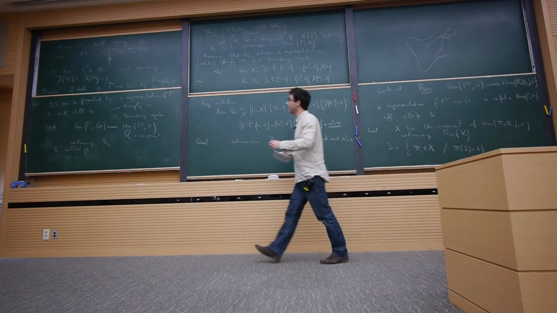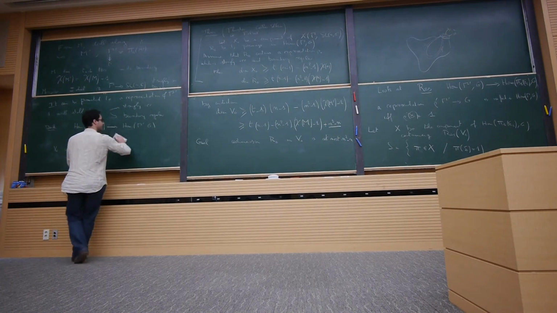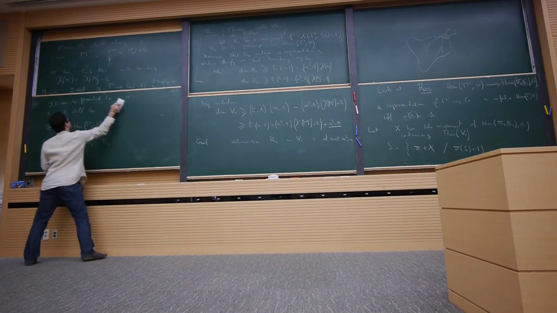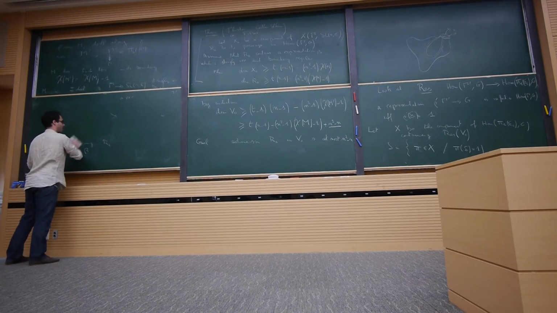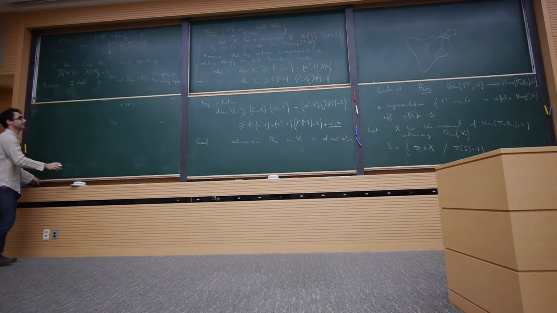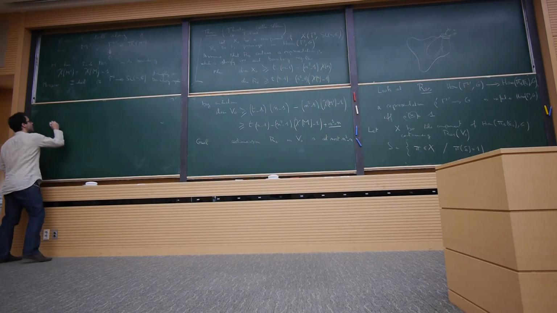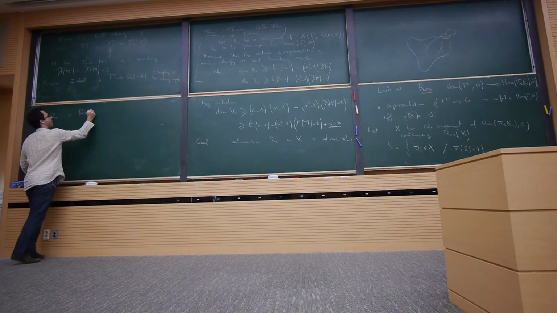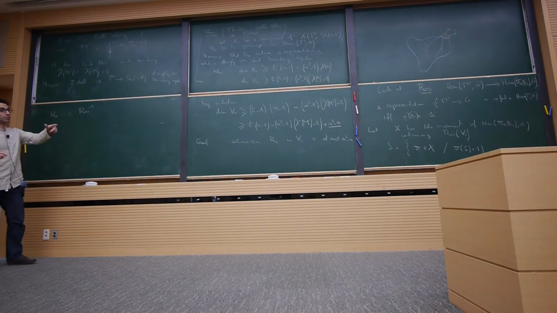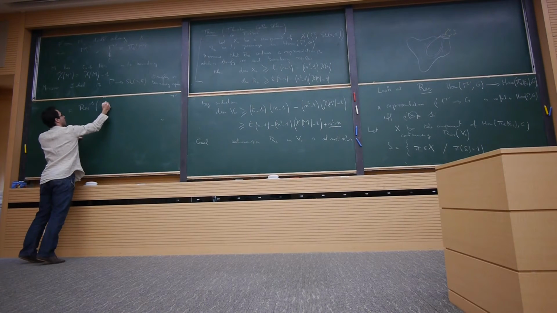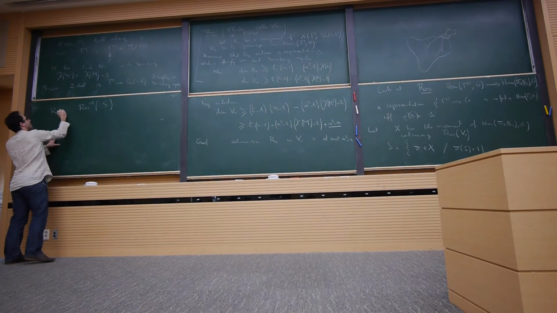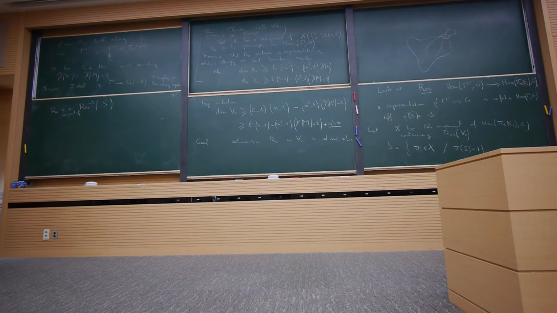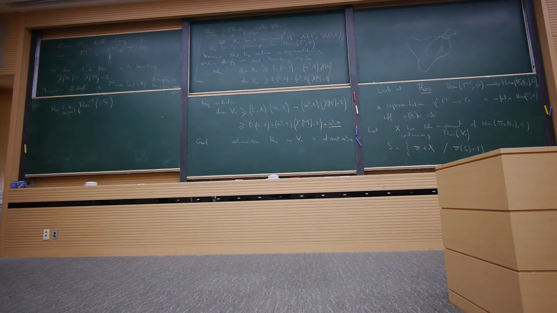Now I just rephrase this picture, saying that R0 is a component of the preimage under the restriction of this subvariety.